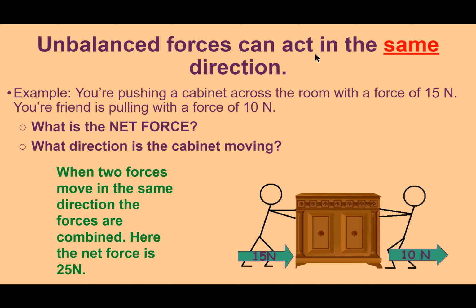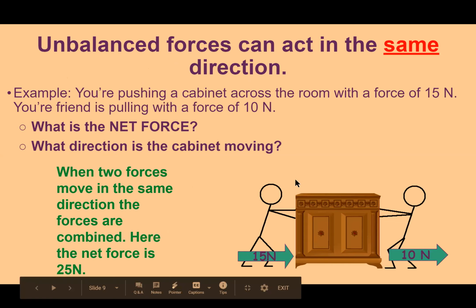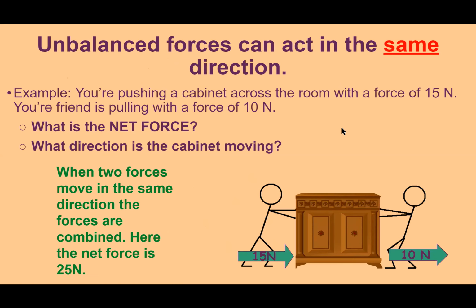So unbalanced forces can act in the same direction as well. So here's two people trying to move this chest. He's applying 15 newtons, the other going backwards can only apply 10 newtons, but together they're getting 25 newtons net force. So in this case, because the arrows are going in the same direction, if you found a problem like this asking you what is the net force of movement and in what direction, that'd be a common question.